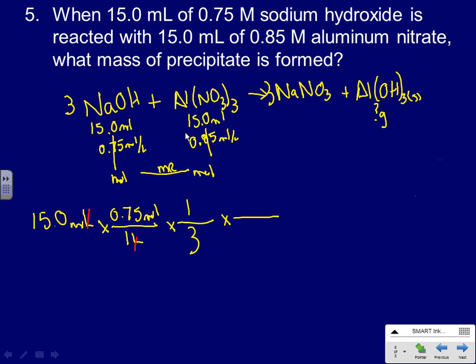Now I need my liters back out. 1 liter, 0.85 moles on the bottom. And again, notice, now the moles are gone, and the unit I'm left with is the little milli that I had at the beginning, and the liters that I have right there. That's going to give me milliliters. That's handy because I got to compare it to milliliters anyway.